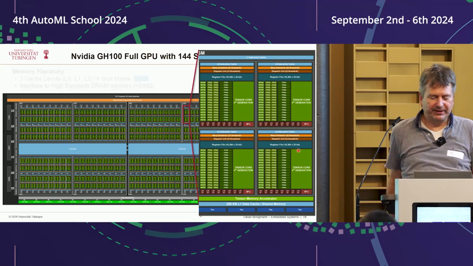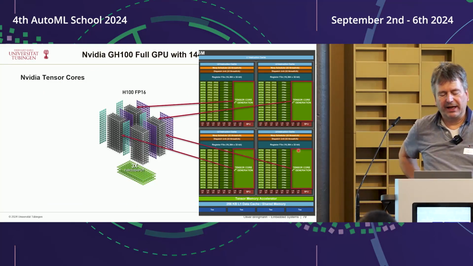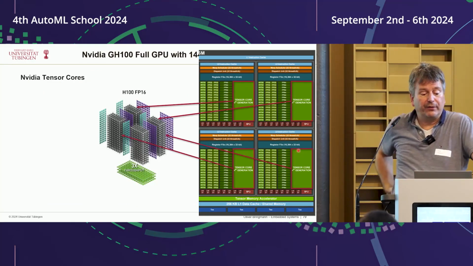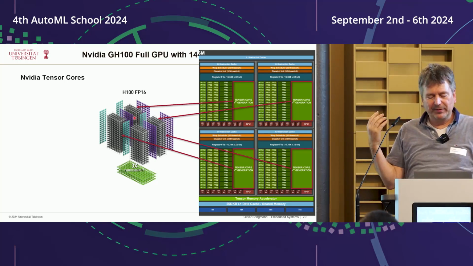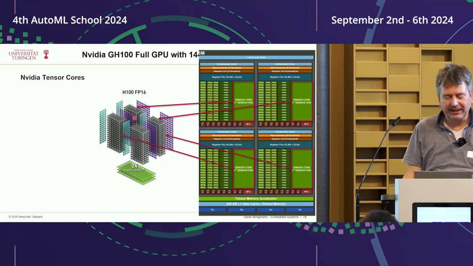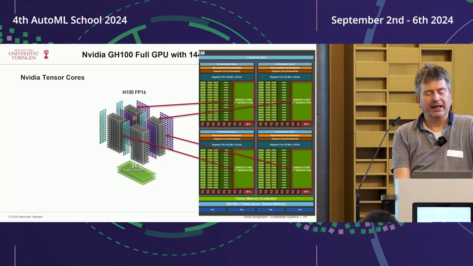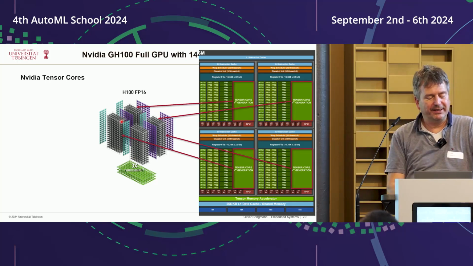Let's take a look into the tensor cores. I will come back to the memory. That looks like this one. You have the mapping of the 4 tensor cores to that kind of construct. And in principle, in each, I will not say clock step, but in each step, an entire matrix multiplication will be executed in parallel with the data that are available.